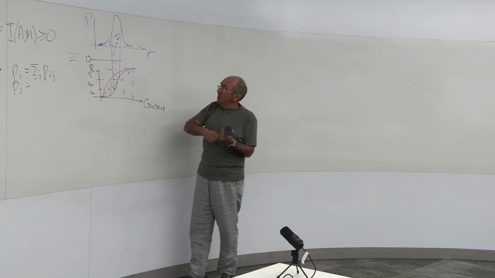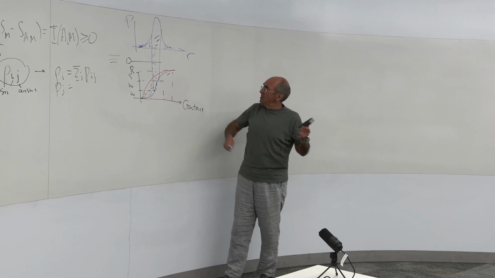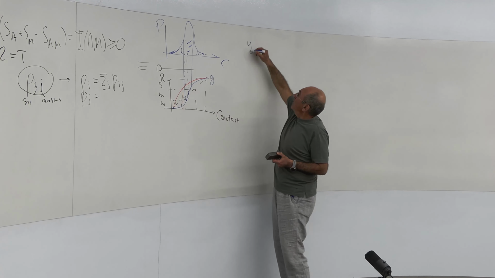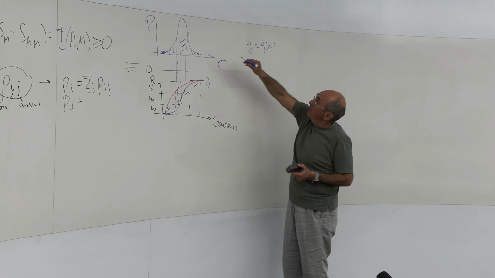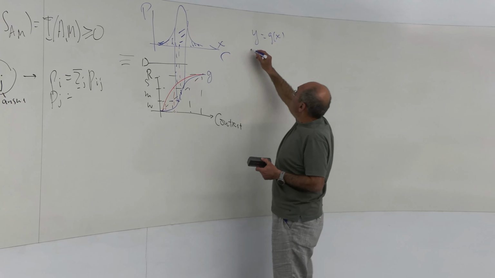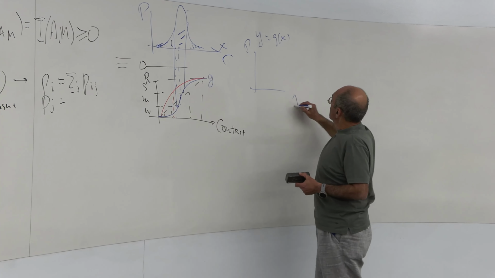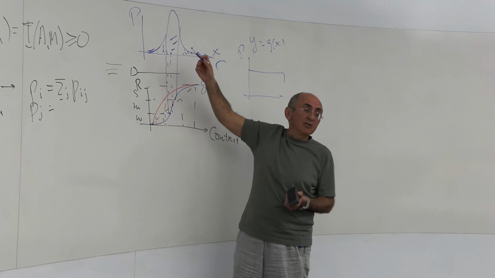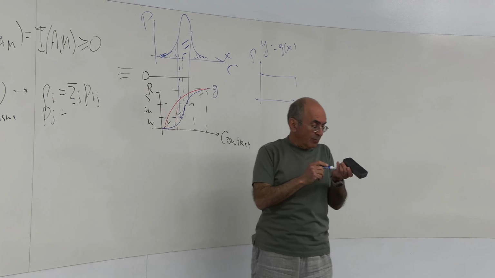And as a result, if you say that this blue is a G curve, right? So you have Y equals G of X, and if this is P of X, then P of Y is constant, right? It has three bins, and they all have the same probability.